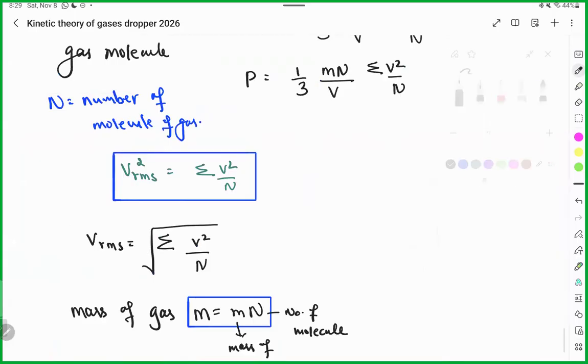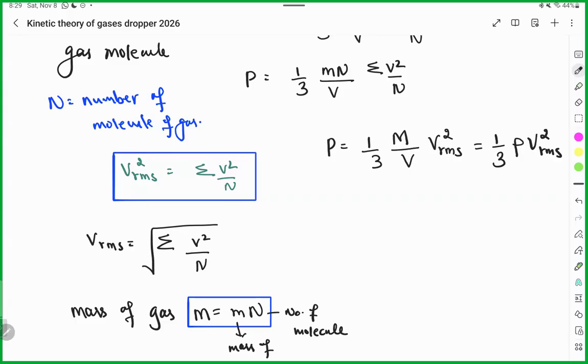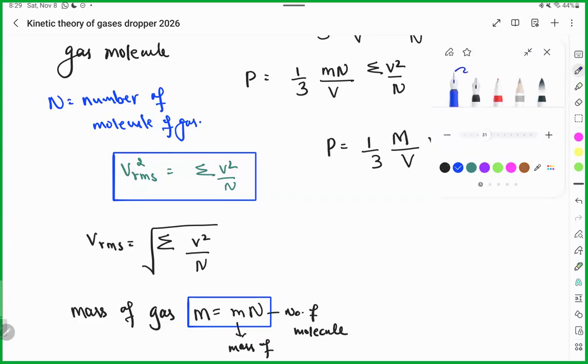If this is the situation, tell me guys. Pressure is equal to 1 by 3, small m multiplied by n is equal to capital M, this is volume and this is VRMS square, correct? And Chandana, what is mass by volume? Density.